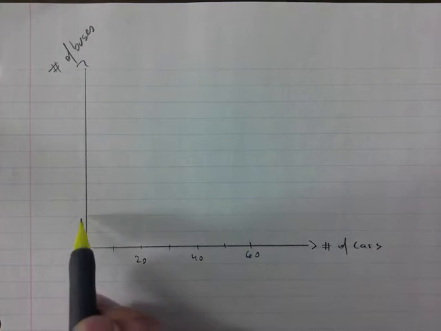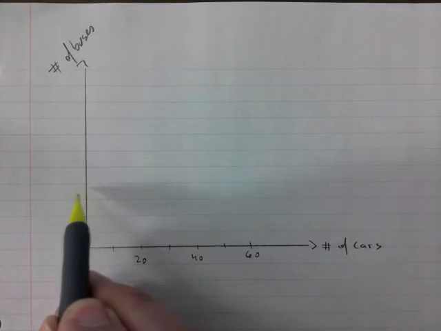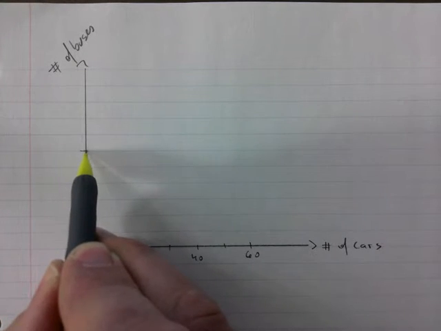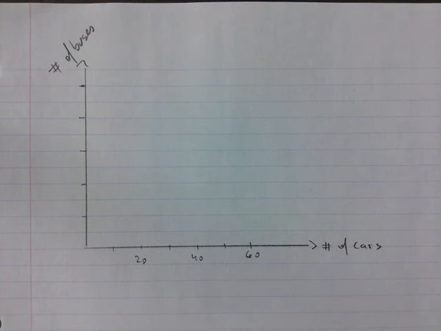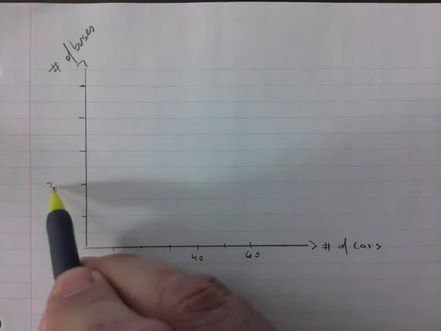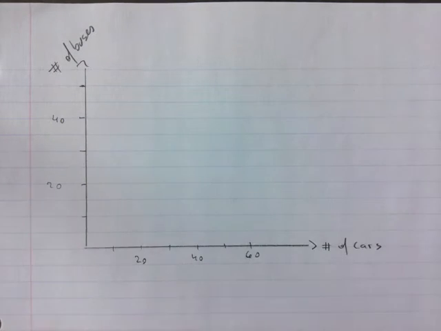So I'm just going to go 10, 20, 30, 40, and 50. That works for me. Again, you choose. Just have some kind of indication that tells me what you're going up by, and it has to be consistent.